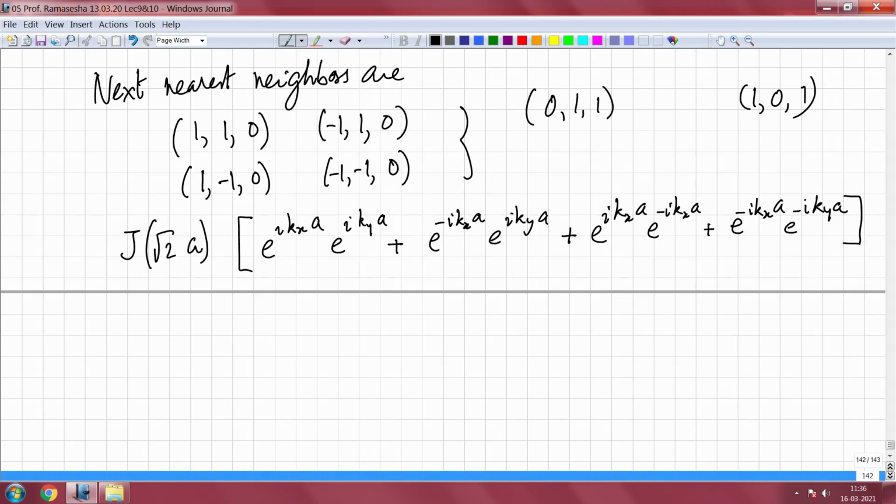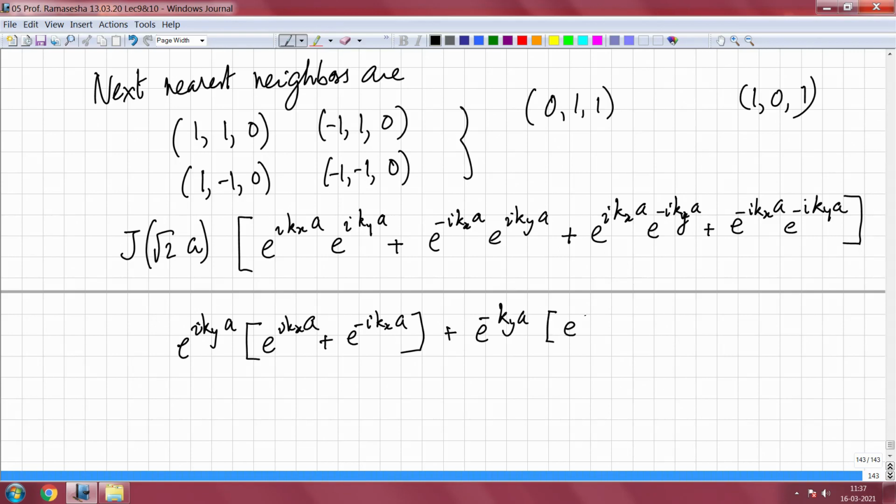So I can take, for example, e to the I ky a as a common factor, and I will have e to the I kx a plus e to the minus I kx a, and again I can take e to the minus I ky a as a common factor into e to the I kx a plus e to the minus I kx a.